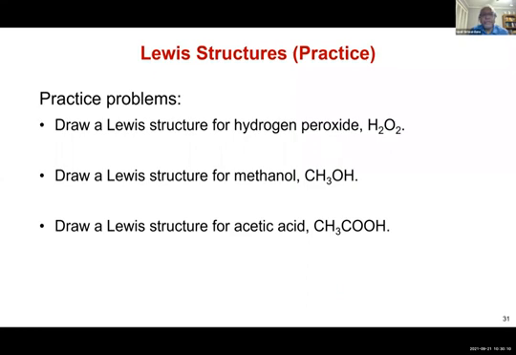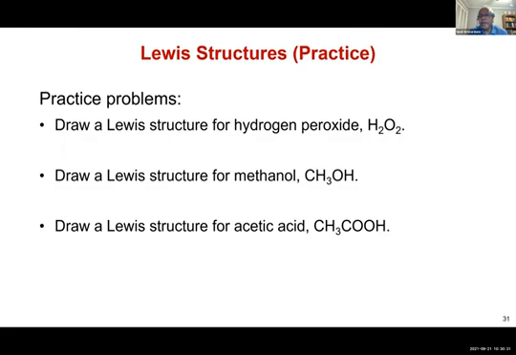We're going to do some practice problems about Lewis structures now. First, we need to draw hydrogen peroxide. Then we need to draw methanol and acetic acid. Normally, we have to know the connectivity.